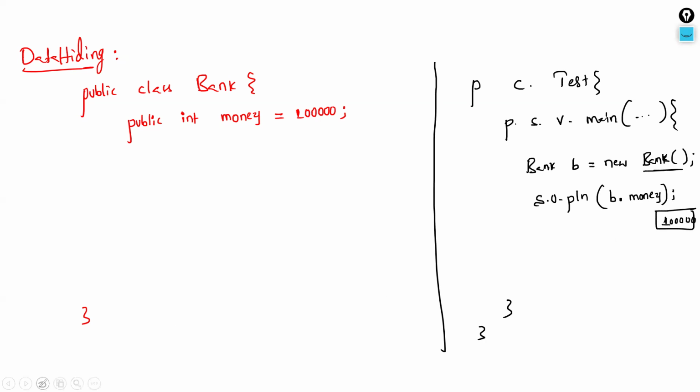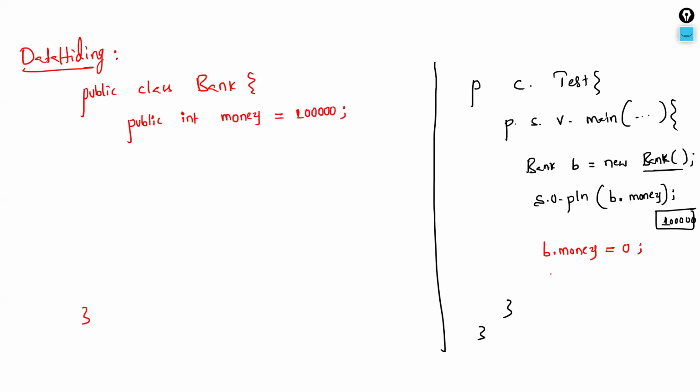Then followed by the next line of code, B dot money. Can we access this variable? Then equals, can I make the balance 0? Once we access, can we assign a new value? Yes, we can do it.